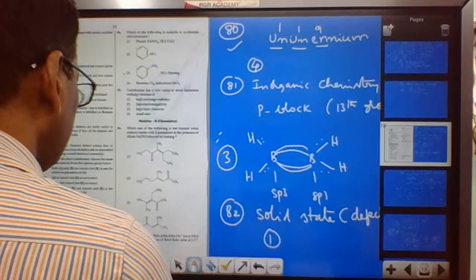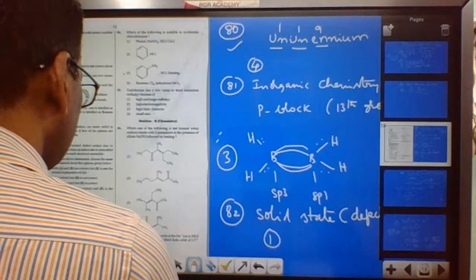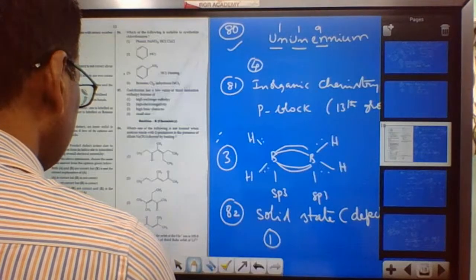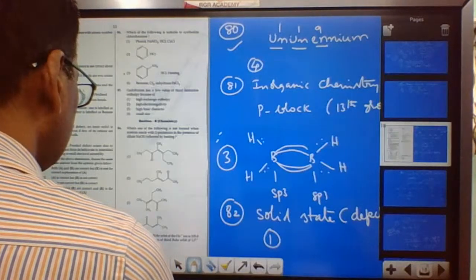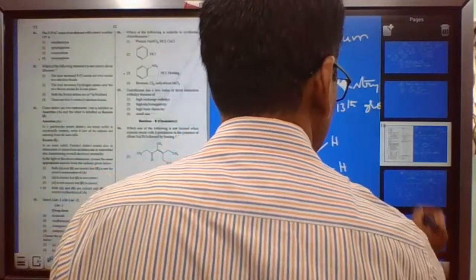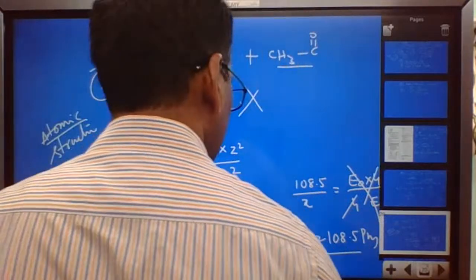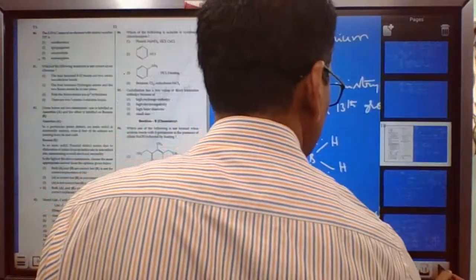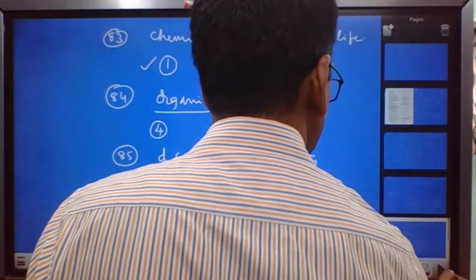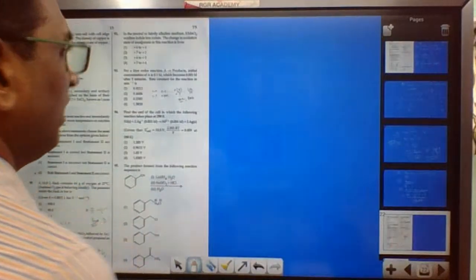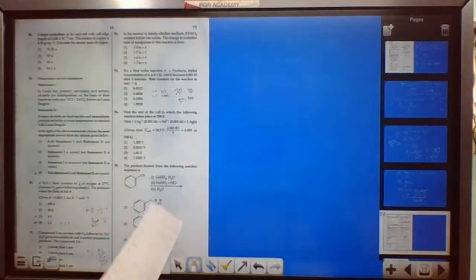Third Bohr's orbit. Z square by N. We'll see it next, that we'll see later.